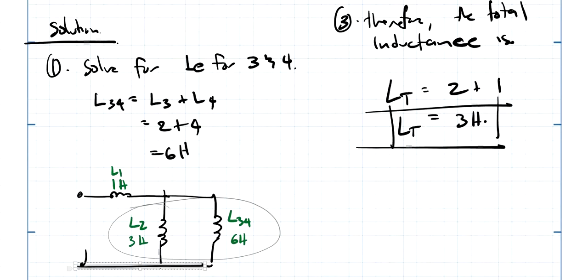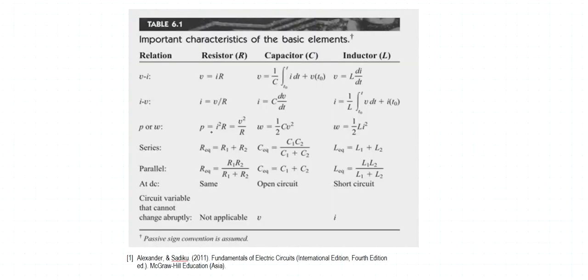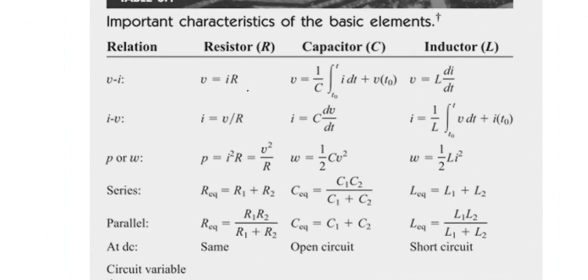So in summary, we have here a table tabulating the resistor, capacitor, and inductor, and the parameters or relationships, such as the voltage and current relationship, the IV relationship, the power, and the series and parallel connections. For resistors, recall it's simply V equals IR, right?